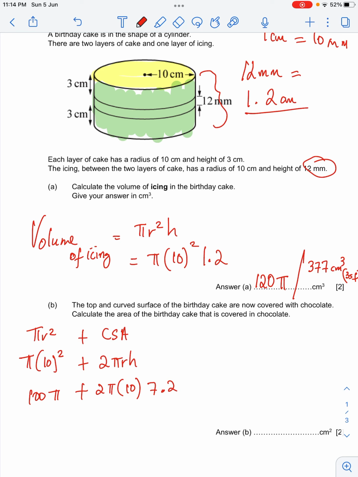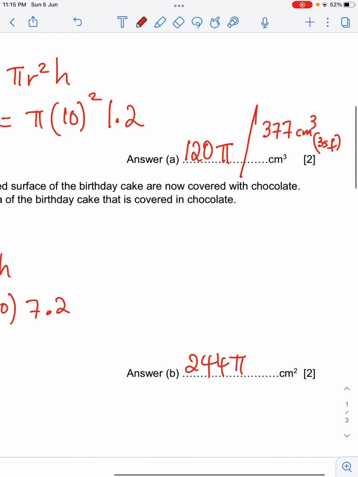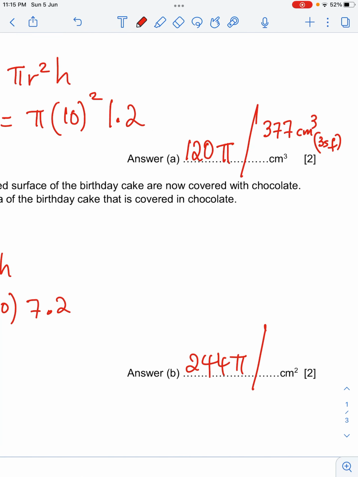So when you work out everything, you're going to get 244 pi, which you can write 244 pi in terms of pi, or you can just go ahead and give your answer to 3 significant figures. That would be 367. Okay, all right.